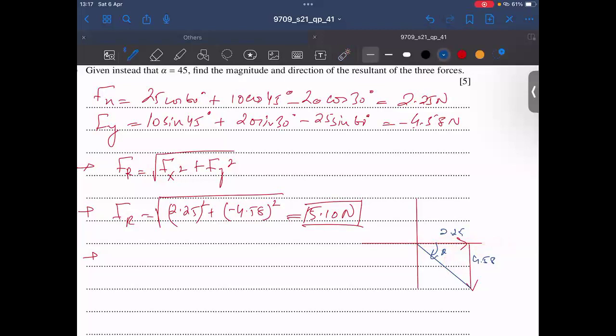So what is the angle that you are going to get? Theta is equal to tan inverse of 4.58 divided by 2.25. What are you getting? 64.9 degrees south of east.